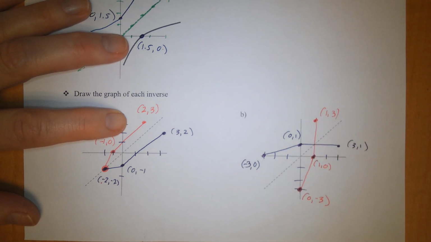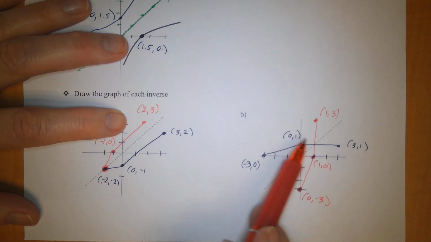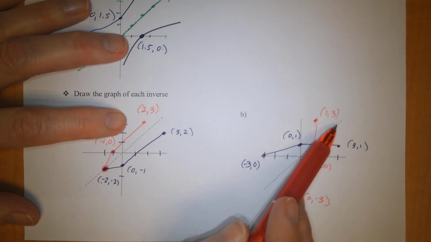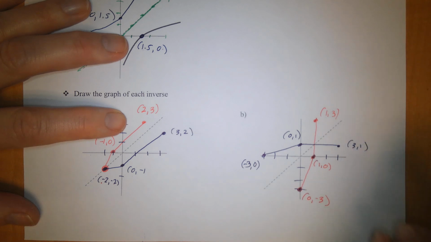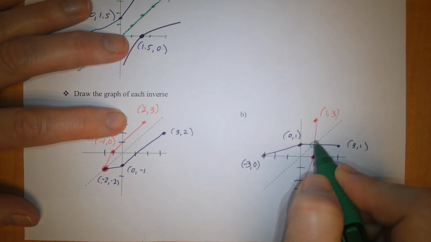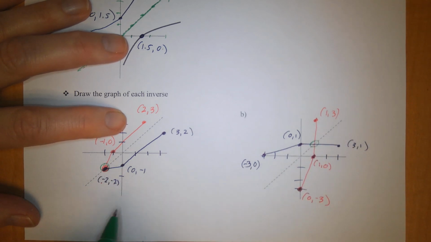And you can see that those are symmetric of each other. Anytime the graph of the function and its inverse intersect, they will always intersect on the graph of y equals x. So you see the intersection point here is right on the symmetry line, same as over here.